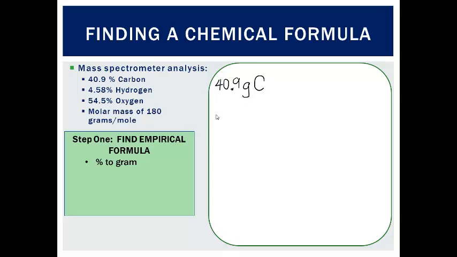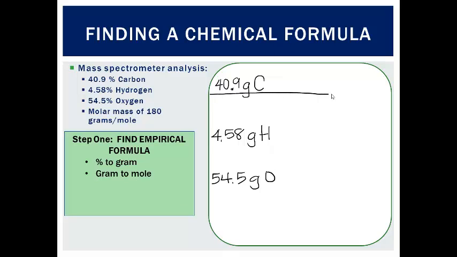Watch for hydrogen. 4.58%. No, grams. I'm changing percent to grams. 54.5%. No, change it to grams. So literally, I just write it as grams. Percent to gram. Then gram to mole.